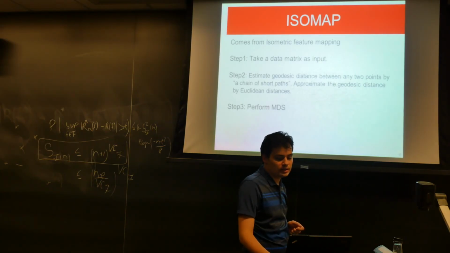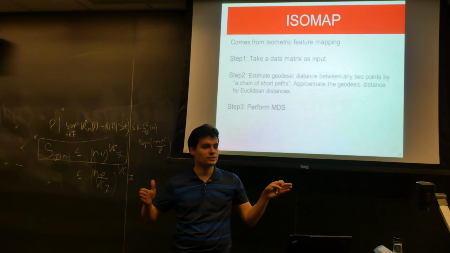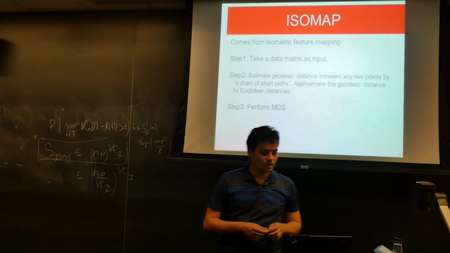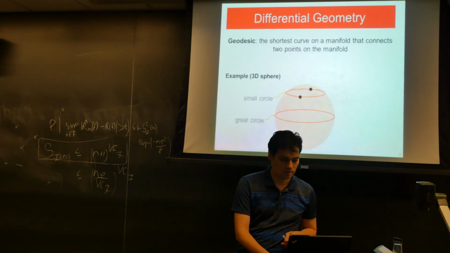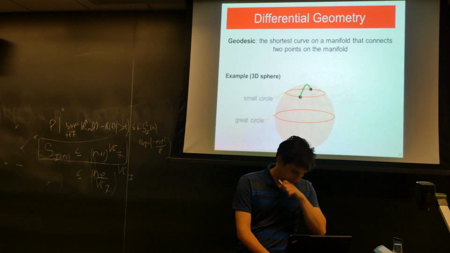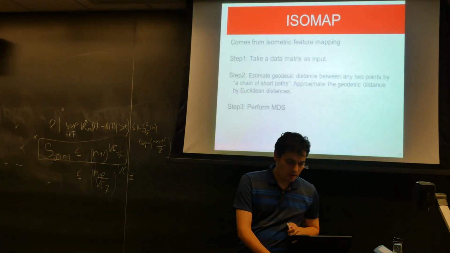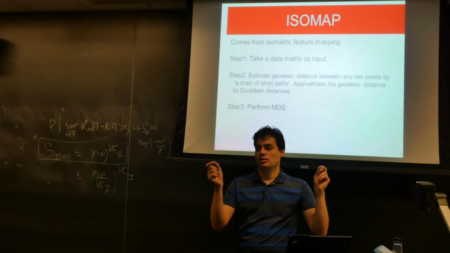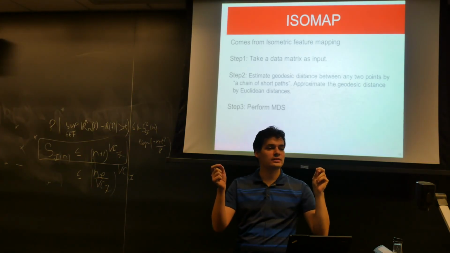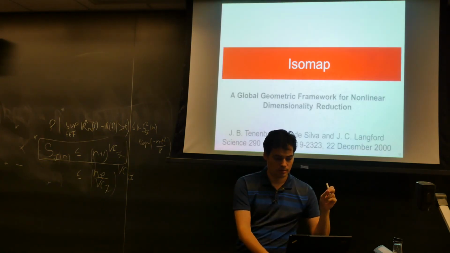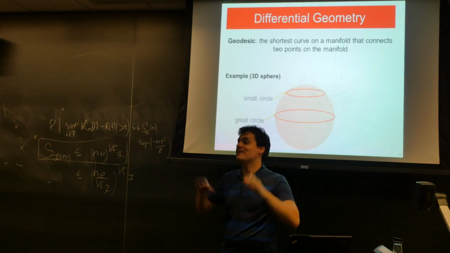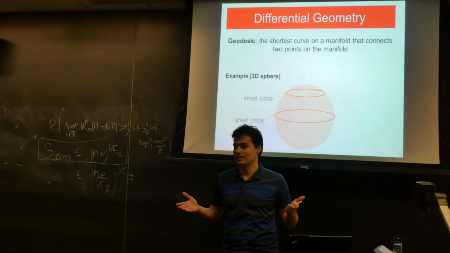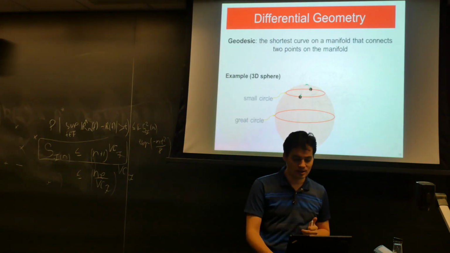What you do is that you have a data matrix x1, x2, ..., xn, and between any two points, you try to calculate, or at least estimate, the geodesic distance between these points. So what does it mean? Geodesic with respect to what? With respect to the manifold that they might be on. Of course, we don't know that manifold. That's the issue. But at least you can approximate.